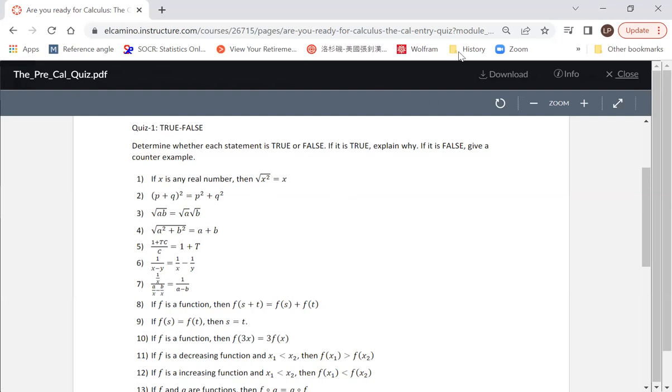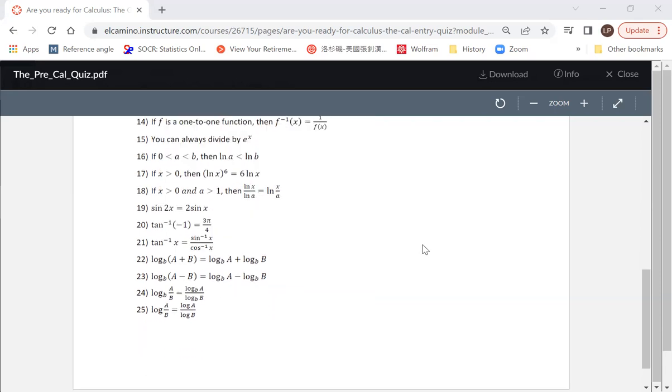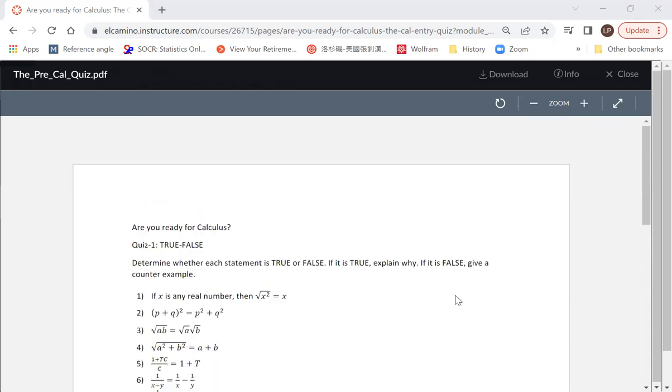Let me make sure you can see it. Yeah, this is the one. So I'm going to take this lesson to explain to you some of these questions that we need to understand. Okay, so why they're right, why they're wrong, and in that way, you guys can get in calculus, at least in these cases, you're good to go.